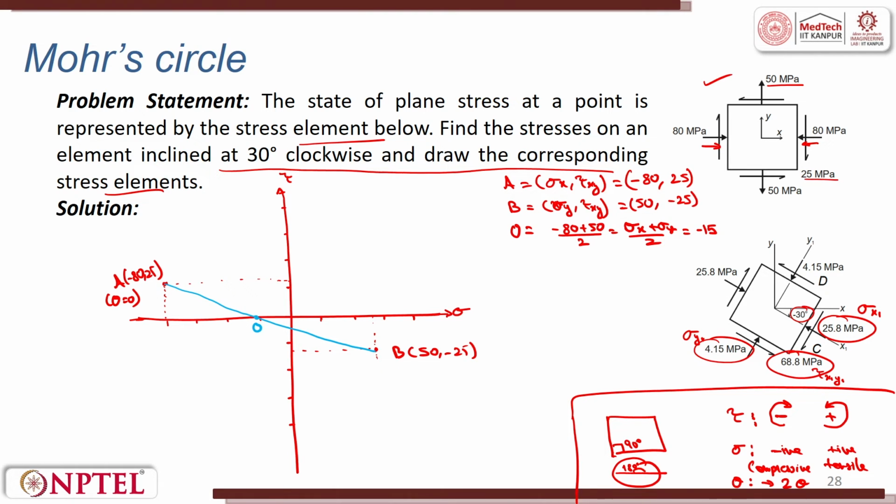The point that is more focused here is, we have gotten the center somewhere here, right, and we draw a complete Mohr circle using this as center, and then we try to rotate it by 30 degrees. So let me try to draw the Mohr circle.